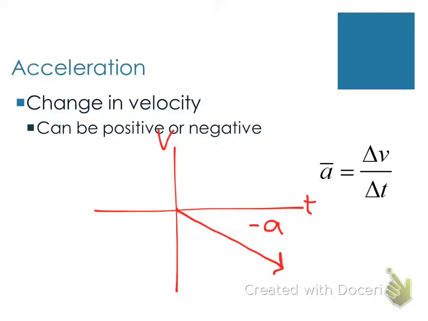So we have a couple of different things to look at in terms of the sign of acceleration, and I have a way that you can remember when acceleration is going to be positive and when it's going to be negative.